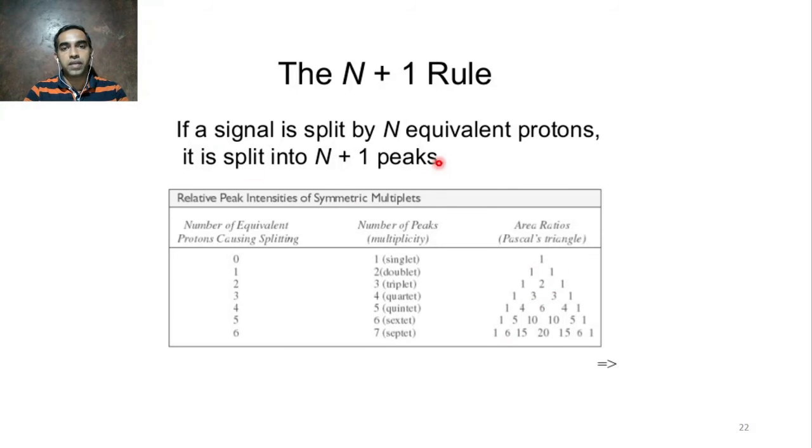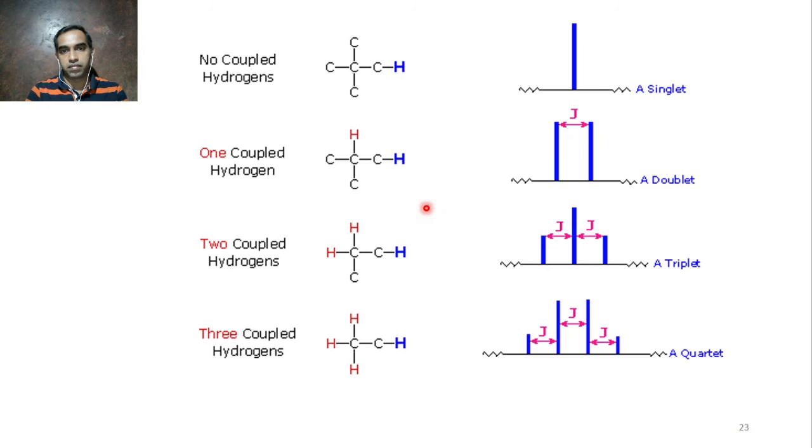If a signal is split by n equivalent protons, it is split into n+1 peaks. 0, 1, 2, 3, 4, 5, 6. So you can see here singlet 1, doublet 1 1, triplet 1 2 1, then 1 3 3 1, then 1 4 6 4 1, like that. If there are 2 protons in the neighbor, then this particular one will be split into 3.